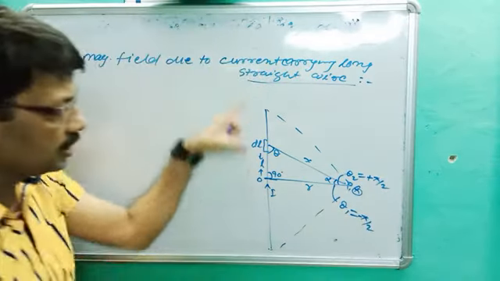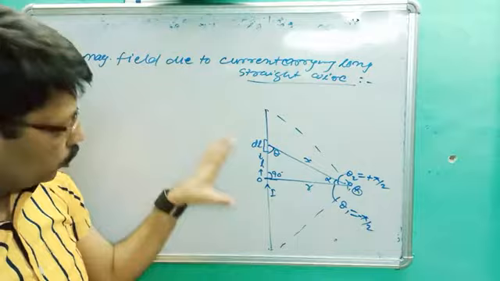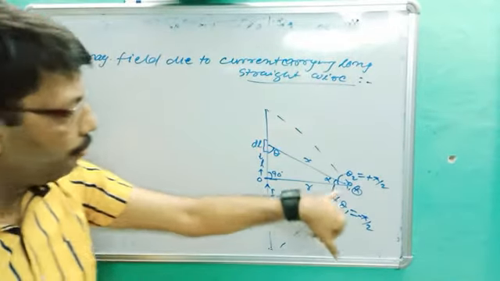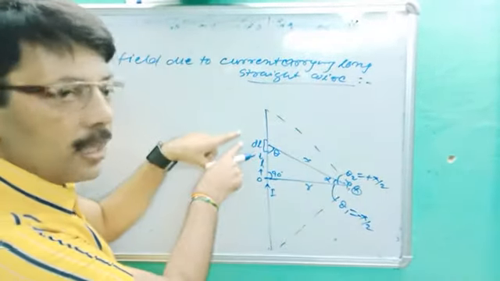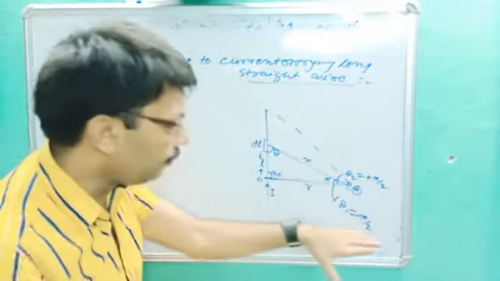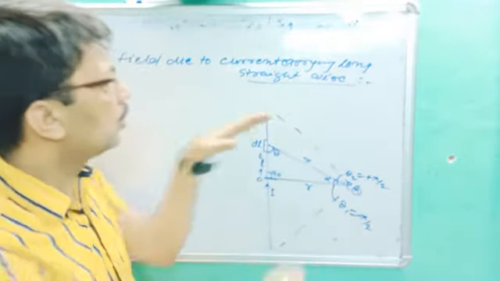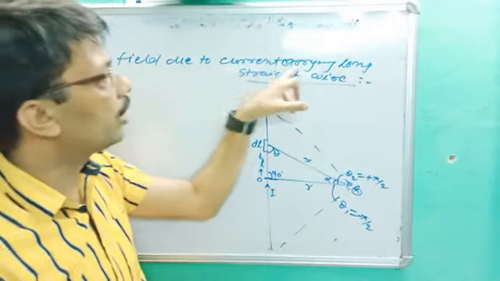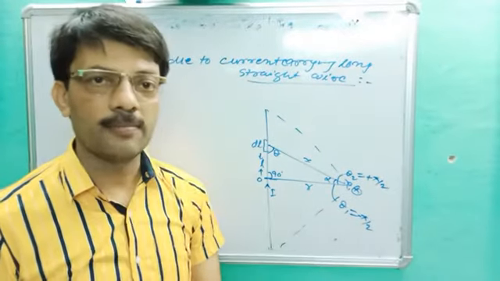This is the complete diagram. Our aim is to find the magnetic field at P due to dl, then integrate from minus pi by 2 to plus pi by 2, and it becomes the magnetic field due to a current carrying long straight wire. Are you getting that?